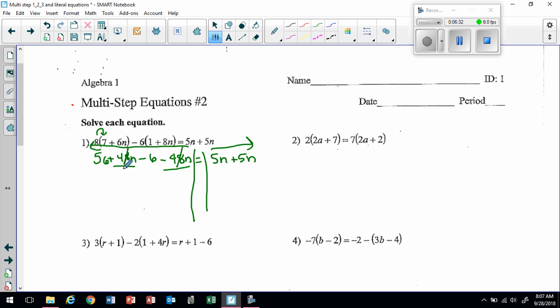They cancel each other out, which leaves me with a 56 and a negative 6. So you need to push in 56 plus negative 6, which is going to give you 50. Then I'm going to combine my 5n's because they're on the same side of the equal sign. So 5n plus 5n is going to give me what?